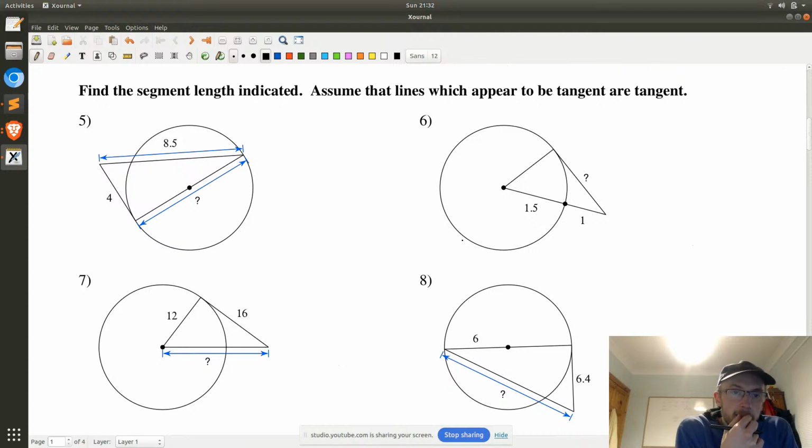Find the segment length indicated. Right, so that's the diameter. Assume that lines which appear to be tangent are in fact tangent. That's the diameter.